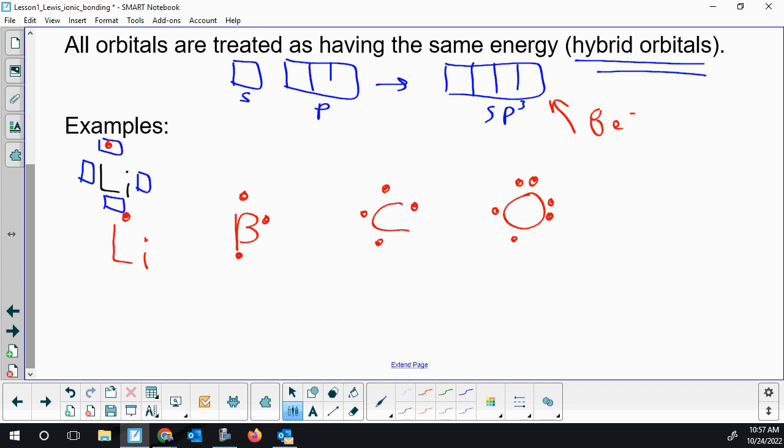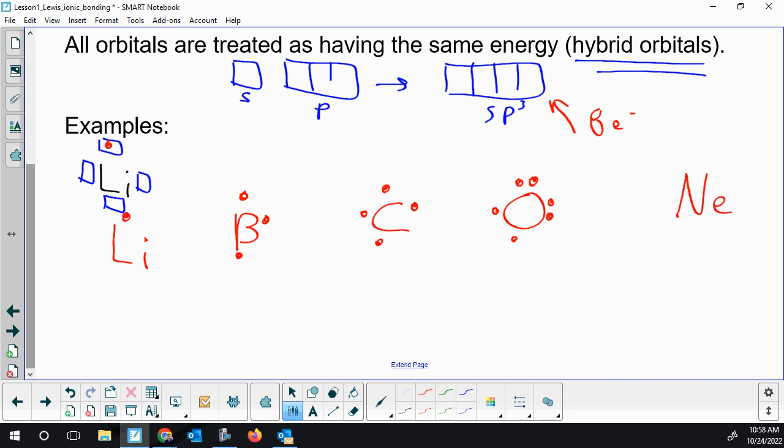It's just how you're going to see this presented most of the time in teaching or books. What's really important is that we know that there are 2 pairs and 2 singles. And when we get into covalent bonding, sharing electrons, in something like water, we know that oxygen has 2 singles. And that's going to lead to the 2 bonds that oxygen is going to form.